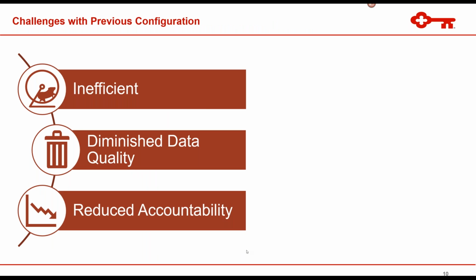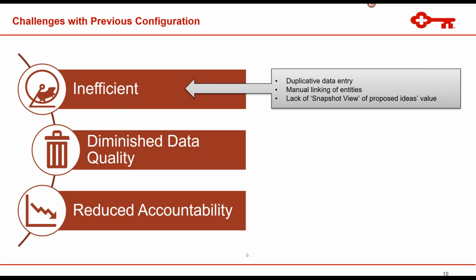So the challenges with this previous configuration, it was very inefficient. It was duplicative data entry. There was manual linking of entities, and there was a lack of some type of snapshot view of proposed ideas and values.